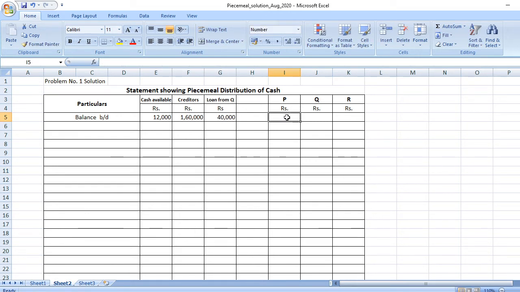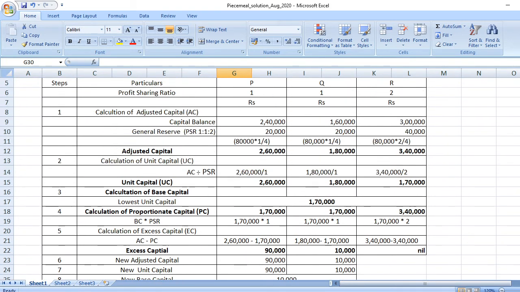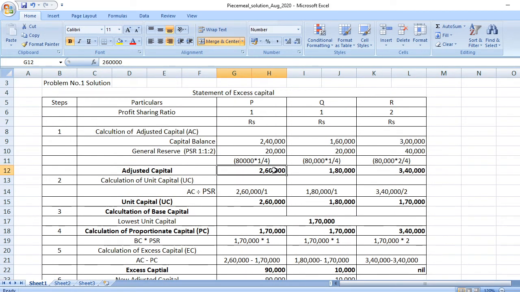Then P, Q, R. Now friends, the adjusted capital is what we will record. Where is the adjusted capital? In our problem, in the first step, adjusted capital is 2,60,000, 1,80,000, 3,40,000. These three figures we have to consider while preparing this statement.